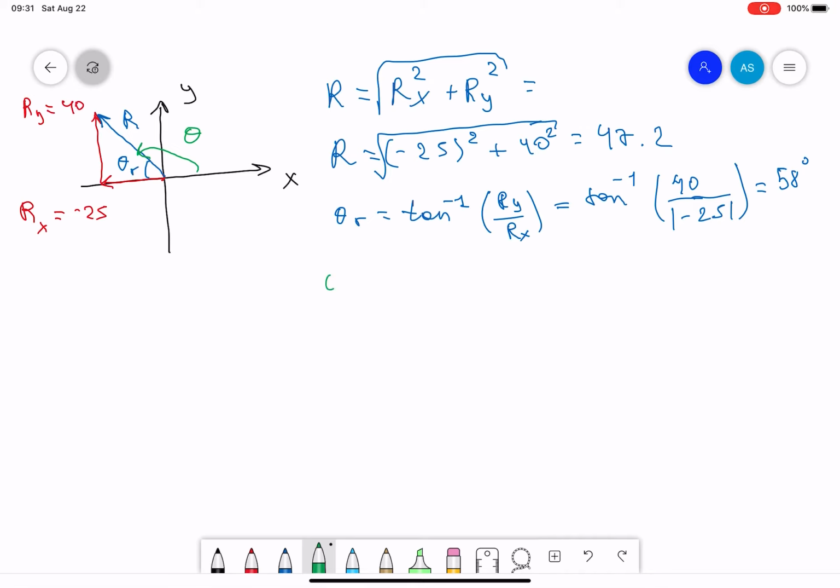Our theta will be equal to 180 degrees minus the reference angle, which means 180 minus 58 degrees, which should give you 122 degrees. This is how you solve problem number 15.